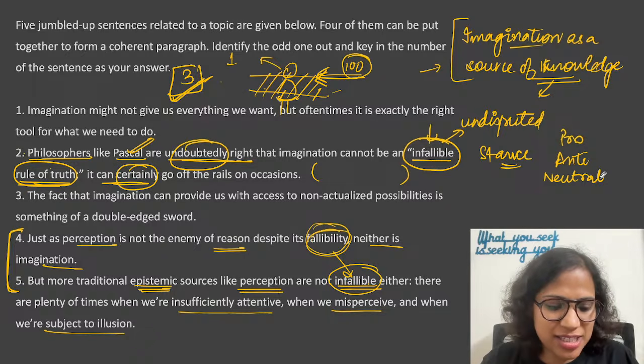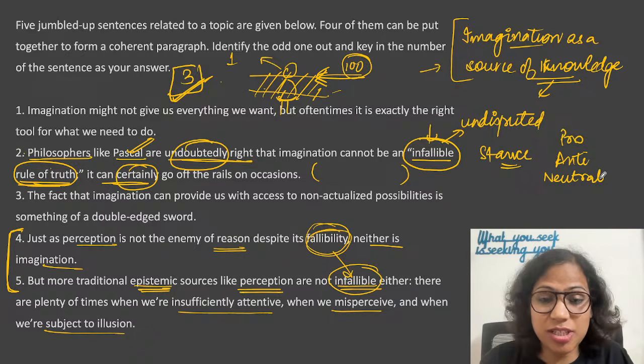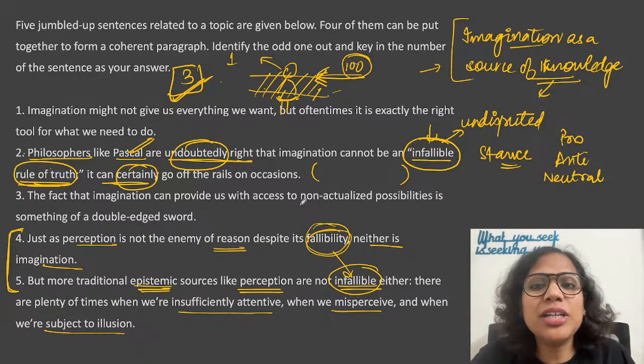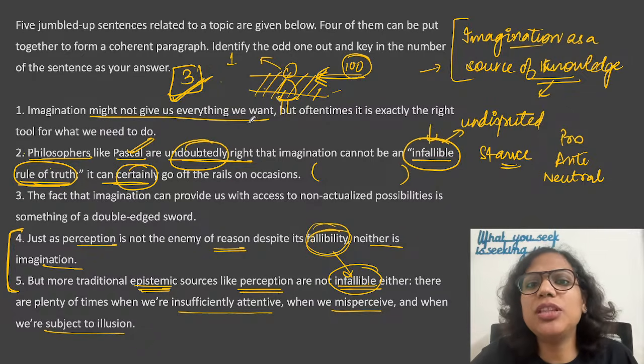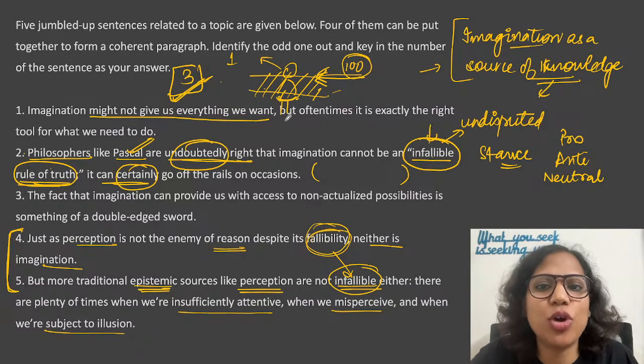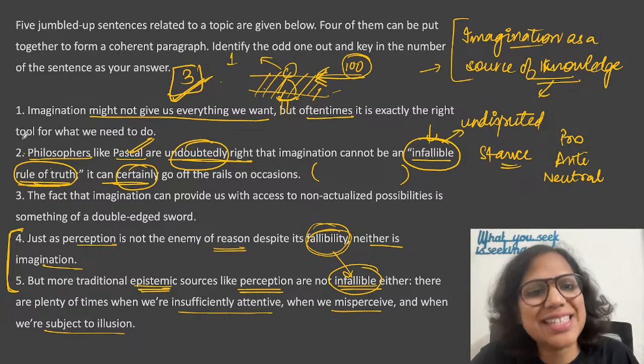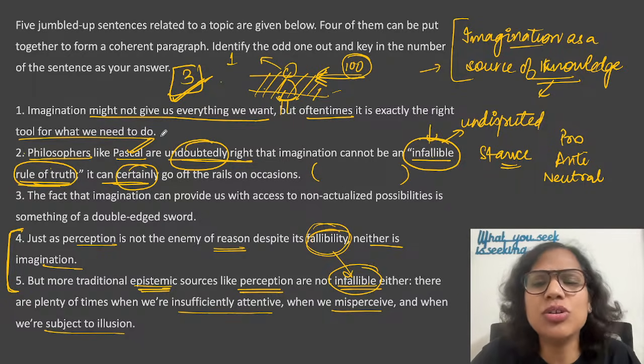The author is pro imagination, because वो बोल रहा है ठीक है वो indisputable source नहीं है, but then it is not an enemy of reason. Imagination might not give us everything we want, it might not be infallible, but oftentimes it is exactly the right tool for what we need to do.